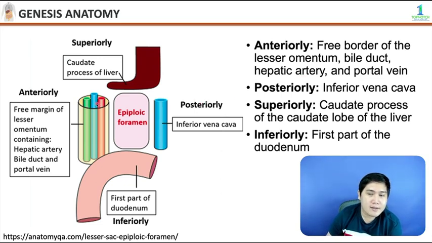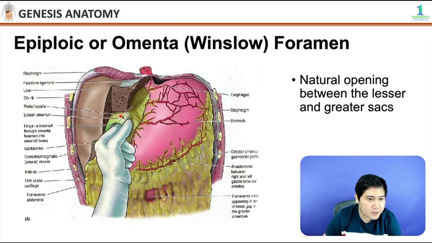Anteriorly, you can see the portal triad, which consists of the bile duct, the hepatic artery, and the portal vein, together with the free border of the lesser omentum. Here is the free border of the lesser omentum.